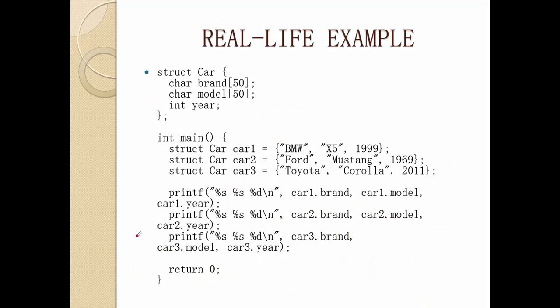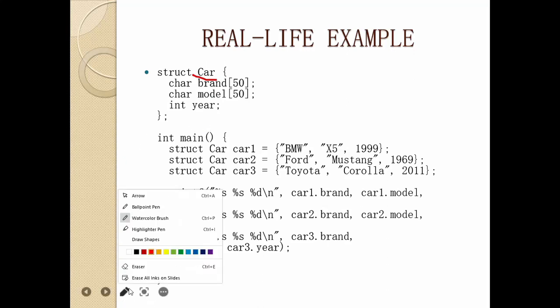Basically, this is a real life example of the structure concept. And if we learn structure well, then we need not worry about the union concept. For this real life example, we have taken a structure named car. We might take the variables as the car attributes.